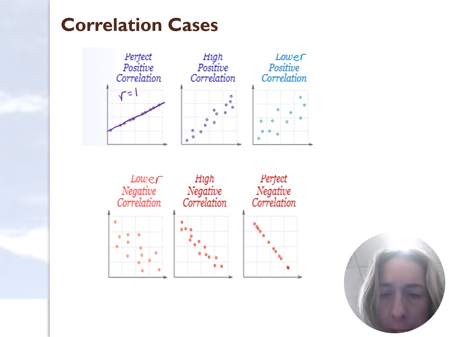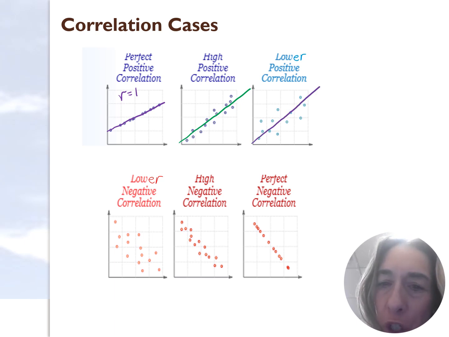To the right of that, these points, although not having a perfect correlation, still have a high positive correlation. And then looking to the right of that, the points here have a lower correlation than the points directly to the left, but still there is a linear trend going on there, and I would classify that as having a lower positive correlation than this graph.